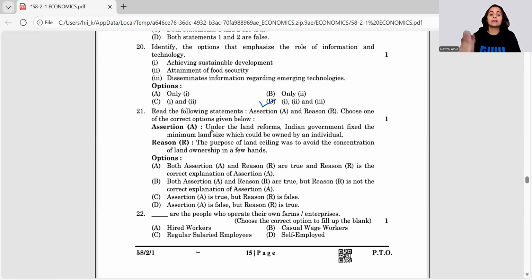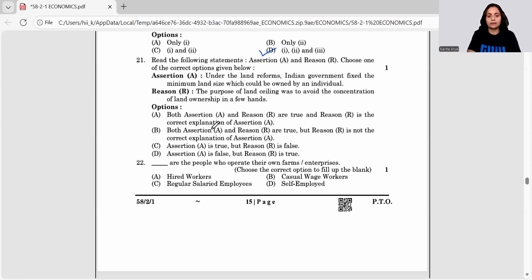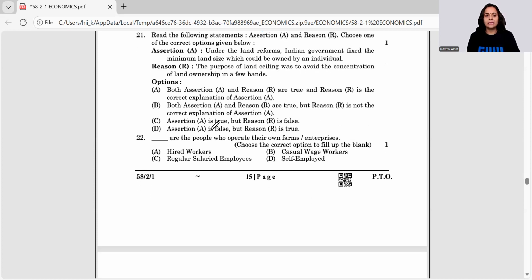Then we have the following assertion reasoning question. The assertion is, under the land reforms, Indian government fixed the minimum land size which could be owned by an individual. Reread it. There is a glitch. Under the land reforms, Indian government fixed the minimum size.